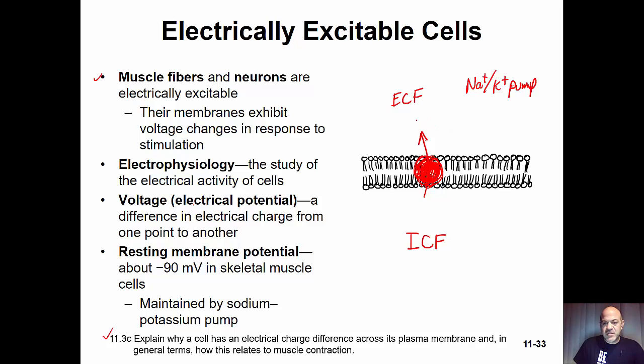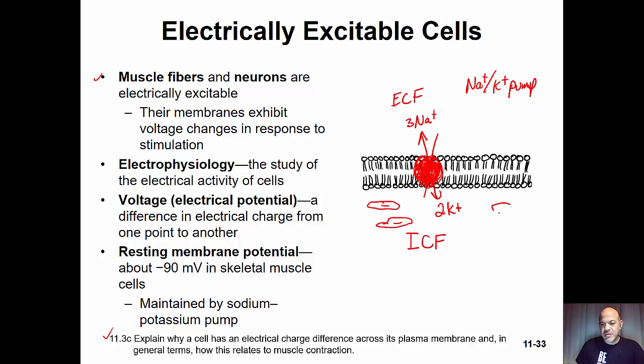For every ATP, we're going to pump out 3 sodium ions and pump in 2 potassium ions. So overall, we're pumping out 3 positive charges and bringing in 2. After a while, we're going to end up with more positive charge outside than on the inside. Add to that, you're going to have proteins within the cell.